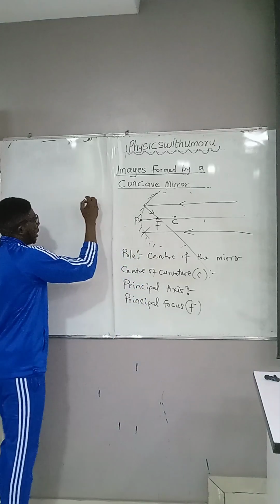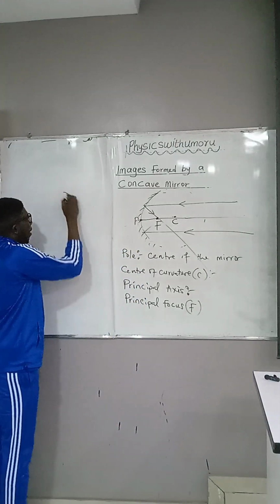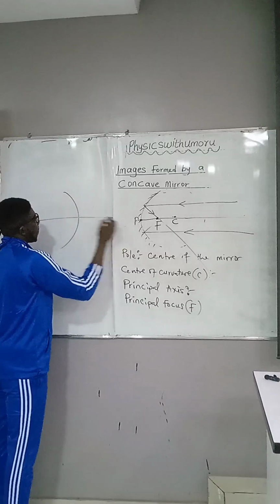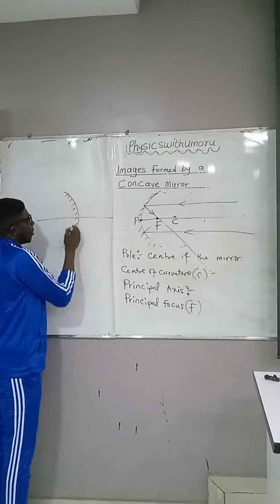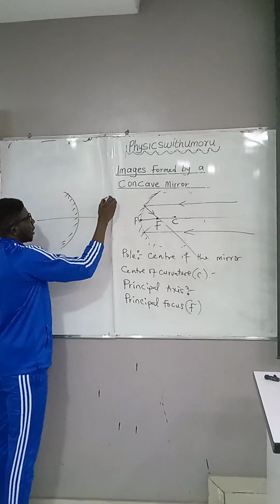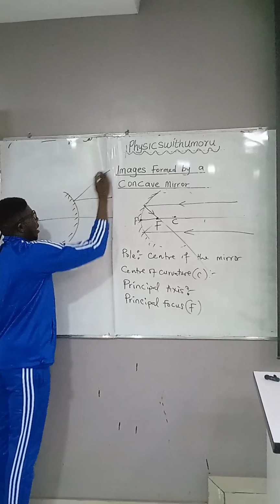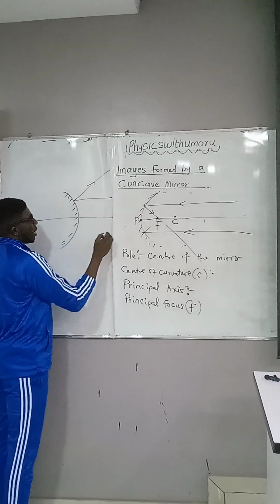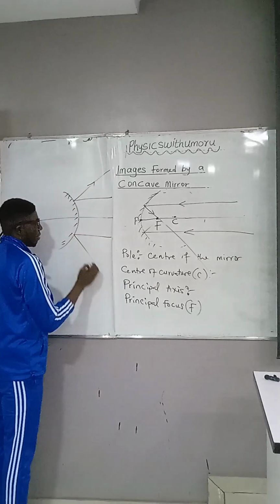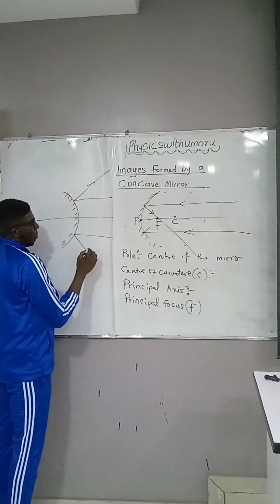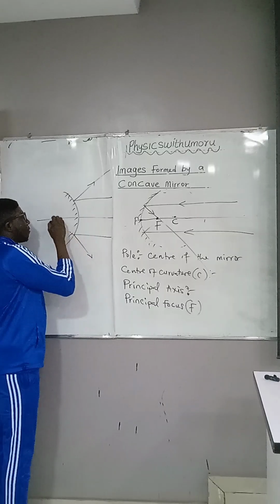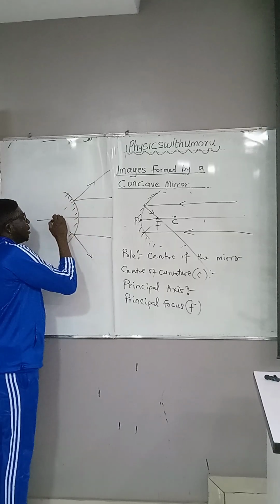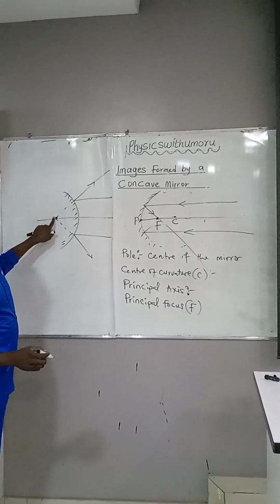And we call this one here the diverging mirror. Any ray that hits this is going to diverge, but will appear to have converged from here. This is what happens.